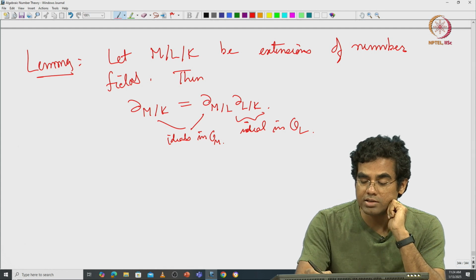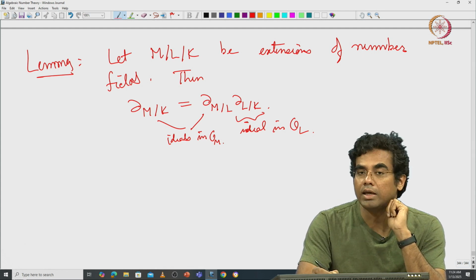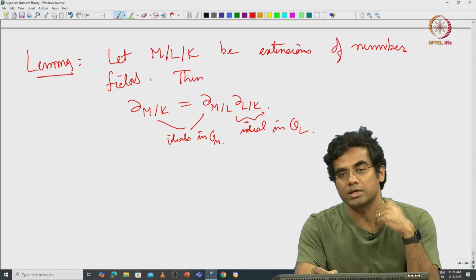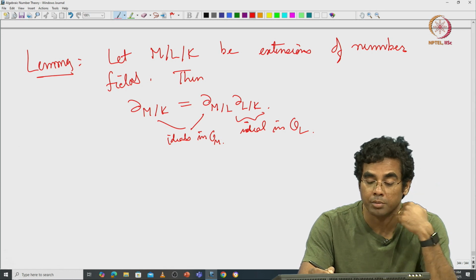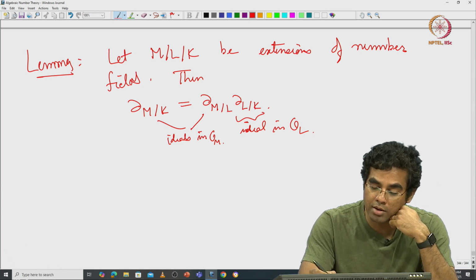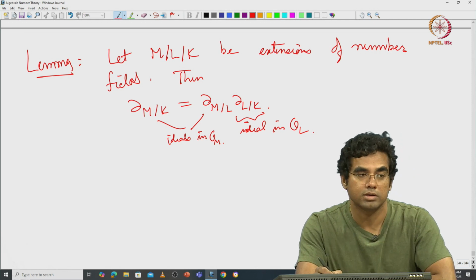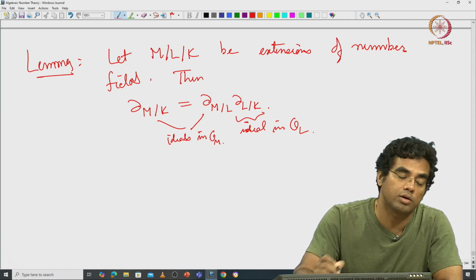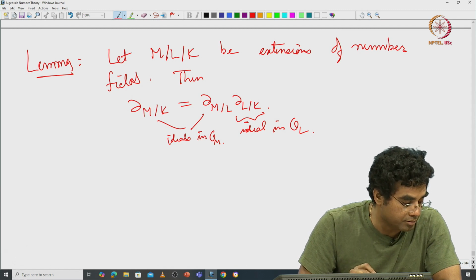So, what this means is that you are first extending the ideal to OM and then taking the product, but that is the same as taking the product of these two ideals inside OM. So, we do not write OM times the different of L over K because it is the same kind of product, right. OM times this first thing will be the different of M over L, sorry.